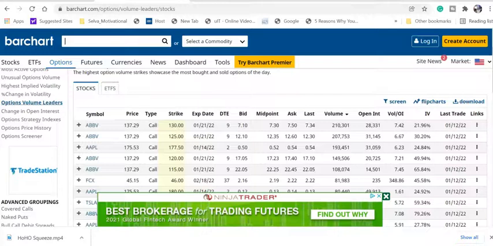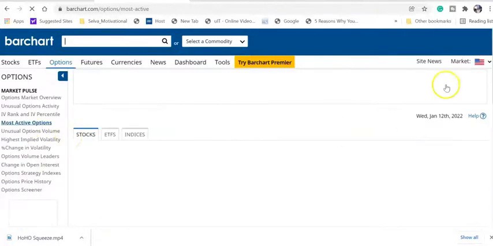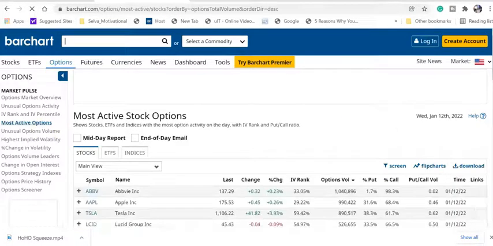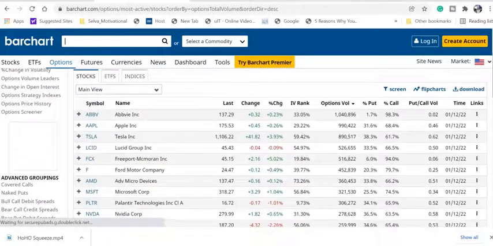Here you have a lot of different options, for example, open interest, highest implied volatility, most active options. Let's look at that. Again you have the same thing.